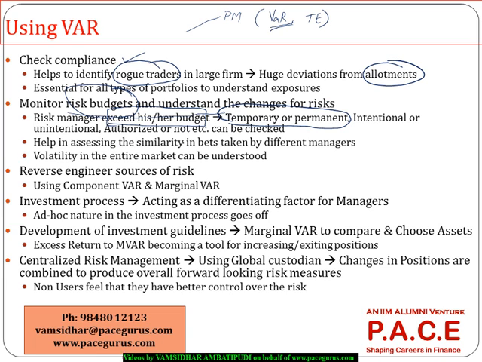They also help in assessing the similarity in the bets. Is it that all my managers are taking similar levels of risk even though they are handling equity related investments or bond related investments or real estate related investments? Let's say all of them are following a similar kind of risk approach in their own investments, then it may be a kind of a correlation breakdown scenario or a risky proposition kind of scenario.